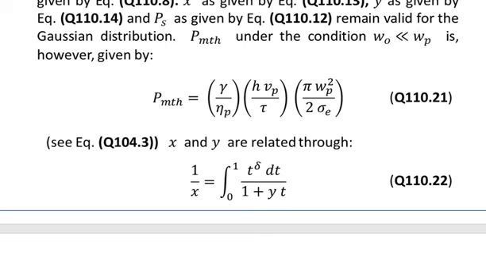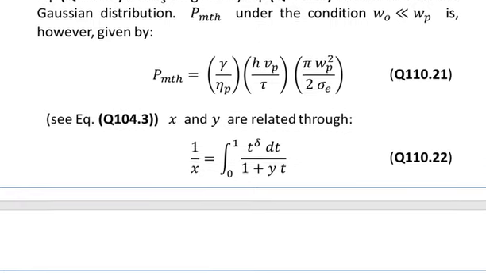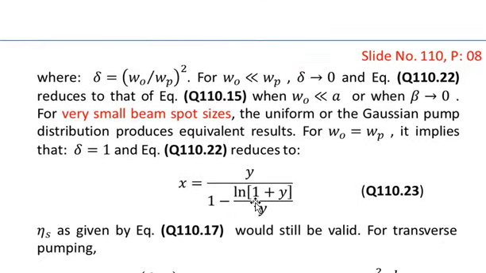So this is also the integral relationship between the variables X and Y, where delta is equal to W naught over W_P, the ratio of these two radii of the beams. Actually delta is the square of this ratio. For W naught much less than W_P, that is, at the beam waist the radius is much smaller than the radius at other positions, you can consider delta to be nearly equal to 0.